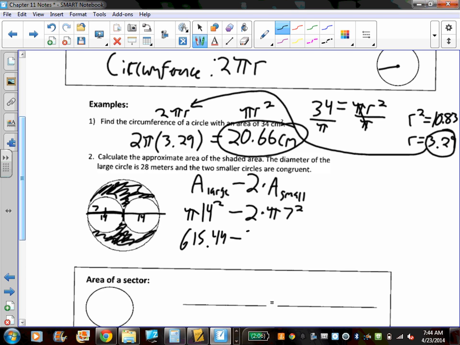And that gives us 307.72. If we do 615.44 minus 307.72, we will discover that the area left over is 307.72 units on this one. We're dealing with meters, so area is going to be meters squared.